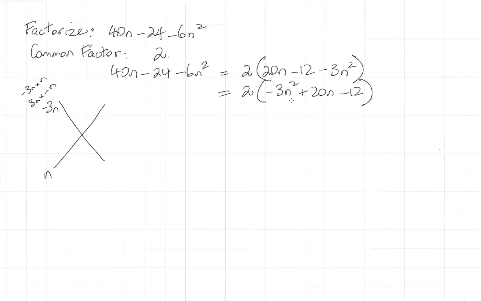Now 12, well, I've picked myself a hard one here because 12 has lots of factors and it's negative 12. So I could have negative 12 times 1, and then I could have the negative on the other side, so it would be 12 times negative 1. And then we've got negative 4 times 3, or 4 times negative 3.